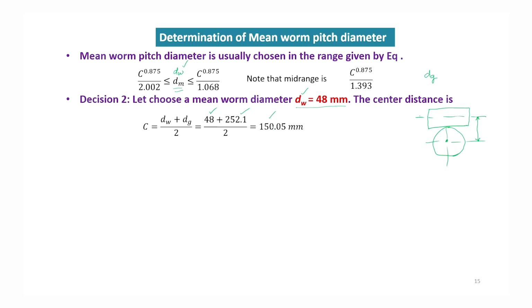Now, after knowing the center distance, we will use this formula to get the lower value of dw and the higher value of dw. Let us find.